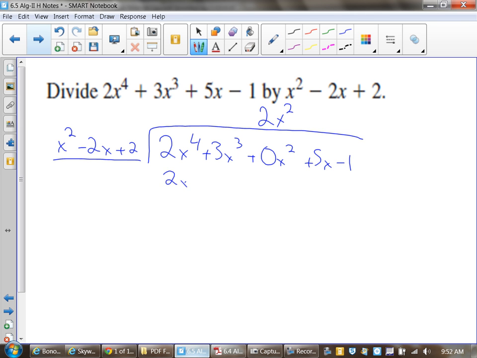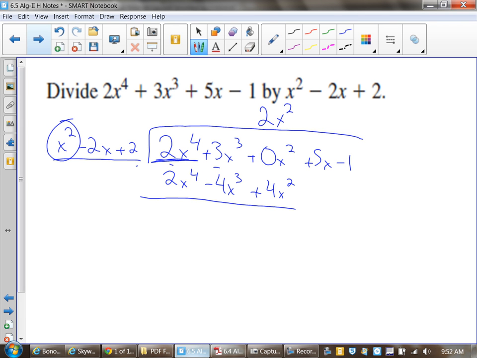So you get 2x to the fourth minus 4x cubed plus 4x squared. I want to turn this x squared into a 2x to the fourth. What do you multiply x squared by to turn it into 2x to the fourth? Multiply by 2x squared.